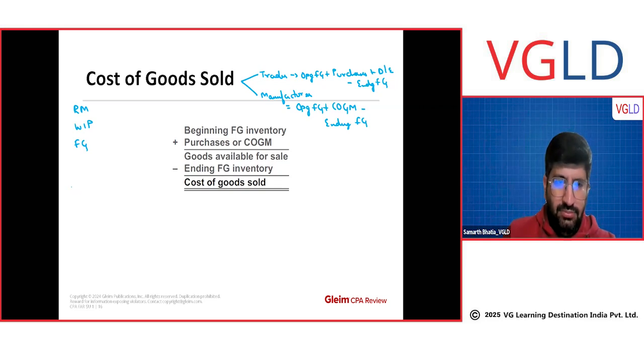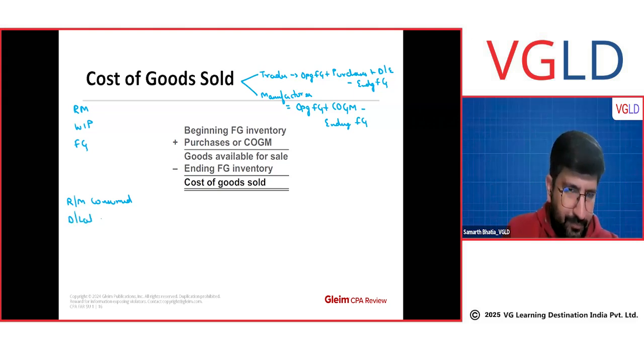So we'll start with the raw material consumed. Raw material consumed plus direct labor plus manufacturing overheads will give you the manufacturing cost.